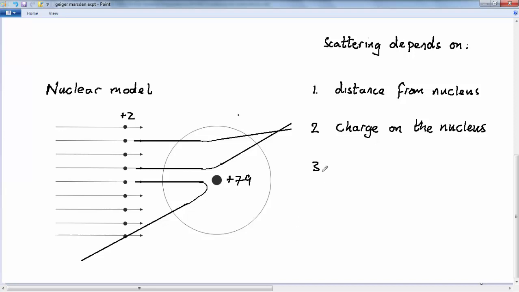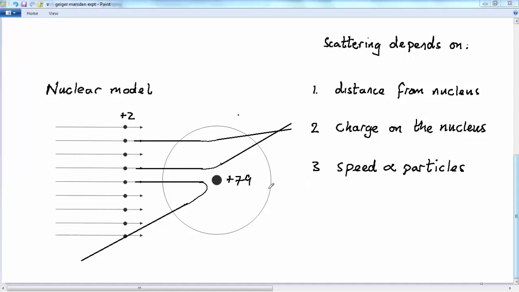And the third factor which affects the deviations is the speed of the alpha particles. The more time they spend near this nucleus, the greater is the deviation. That's to say, a longer time near the nucleus gives more time for the electrostatic force to act on the alpha particle, and therefore produces a greater deviation.